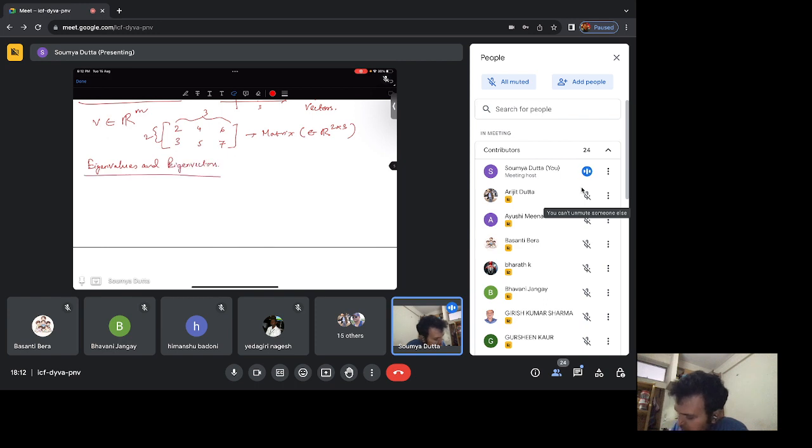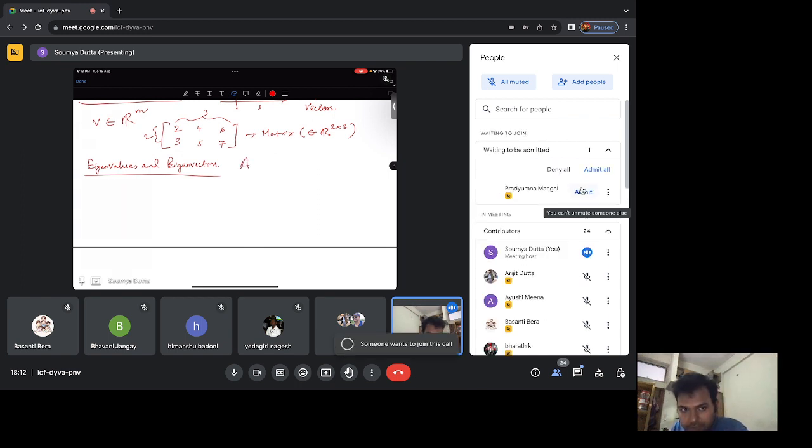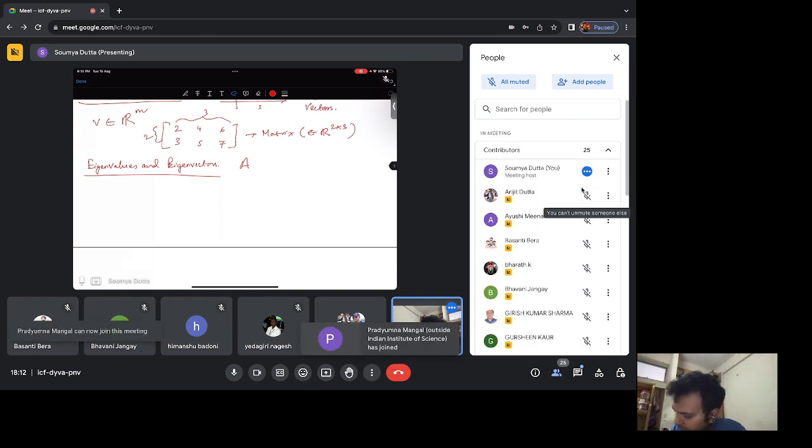So this is the definition of eigenvalues and eigenvectors. You have a matrix A, you multiply that with a vector V, and you get lambda into V. If you find vectors which satisfy this relation, then V is called an eigenvector and this lambda is called an eigenvalue.